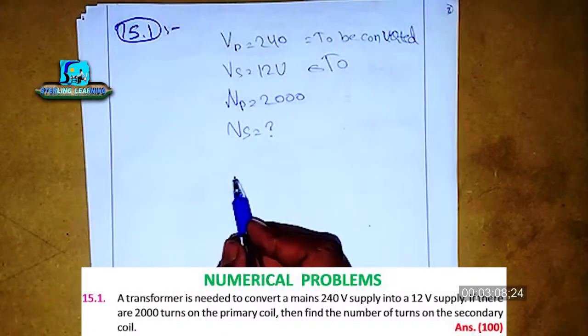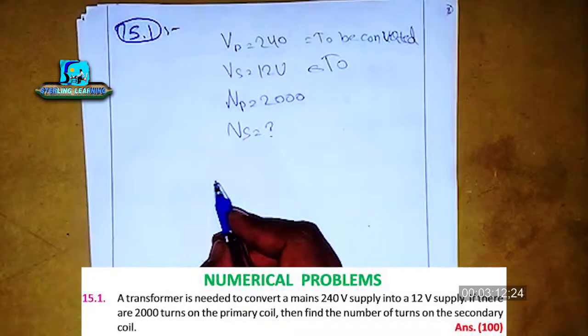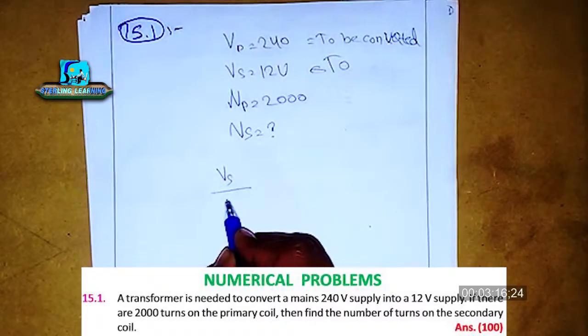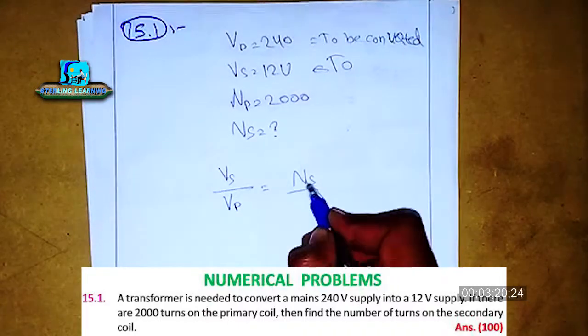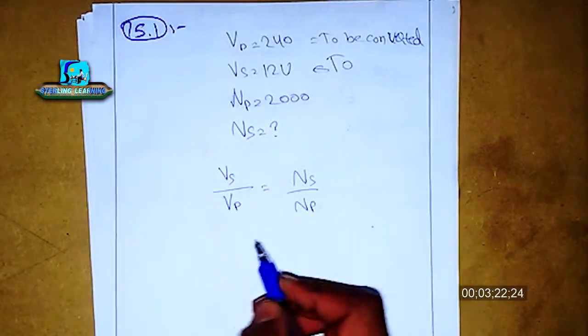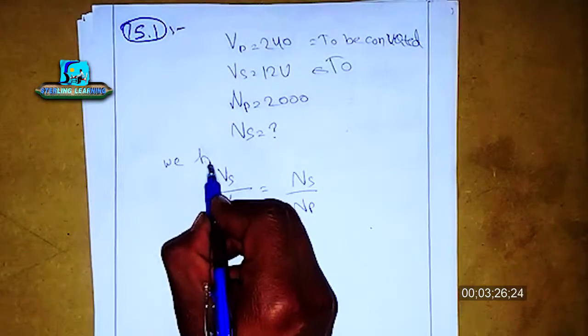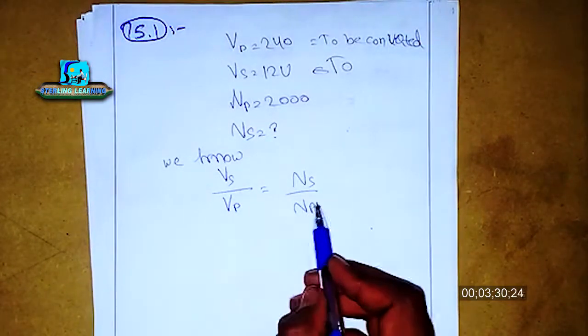So with this we know the formula we discussed previously. Vs over Vp is equal to Ns over Np. We have to calculate Ns.